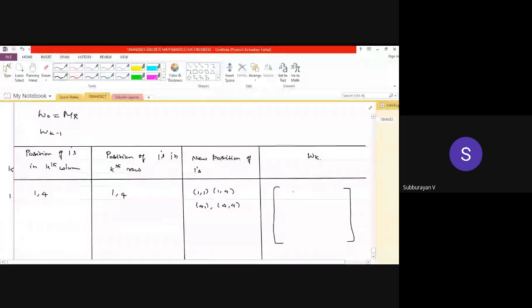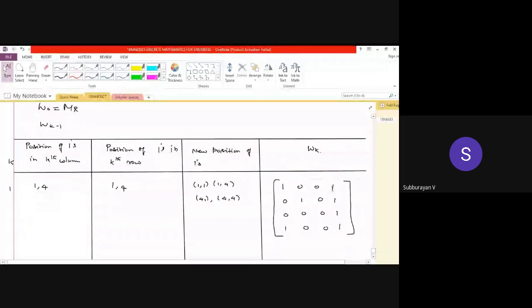The second row is 0, 1, 0, 1, because there is no change in the second row. And the third row also has no change: 0, 0, 1 and 1, 0, 0, 1. This is the new matrix.